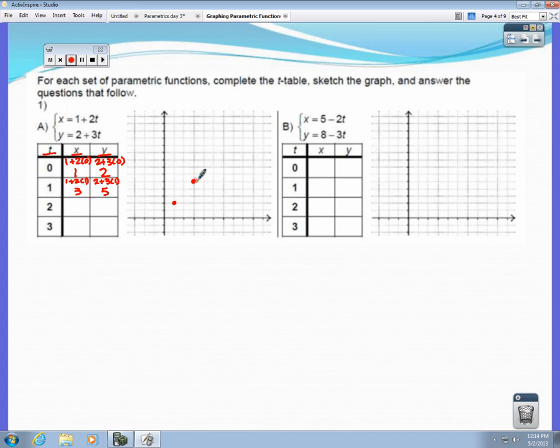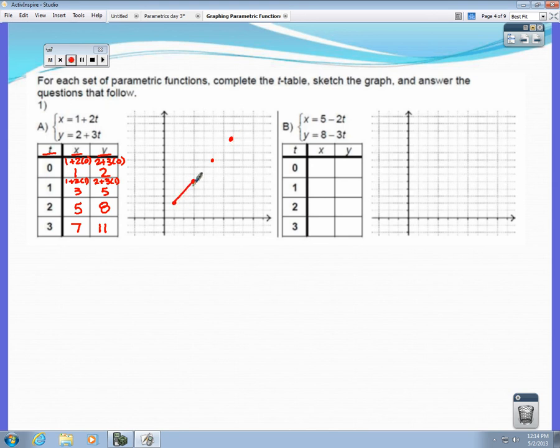And you can see that I am moving up and to the right. If I keep plugging in those numbers, when I plug in 2, I get (5, 8). So let's graph (5, 8). And then when I plug in 3, I'm going to get (7, 11).